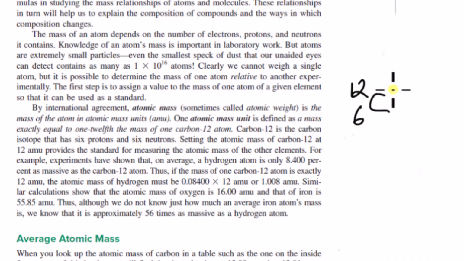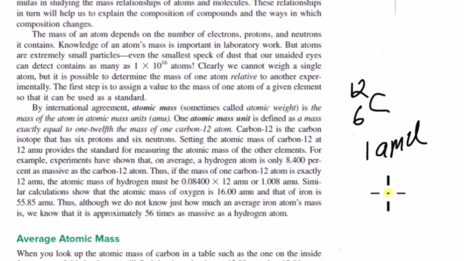So we've constrained a specific atom, a specific isotope. There's only one unique type of carbon-12 atom. If you took that carbon-12 atom and divided it into exactly 12 equal pieces in terms of mass, then the mass of one of those pieces is defined to be an AMU.